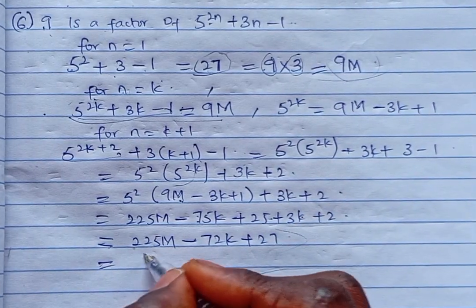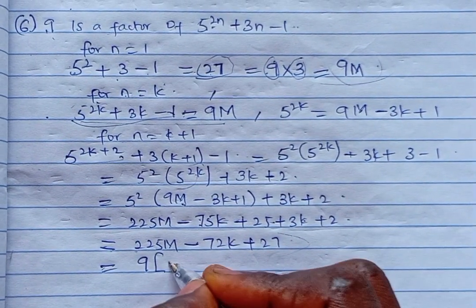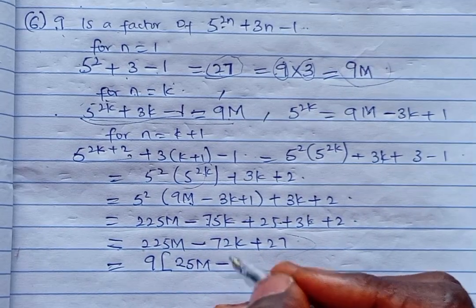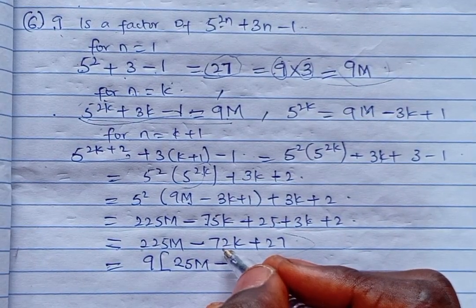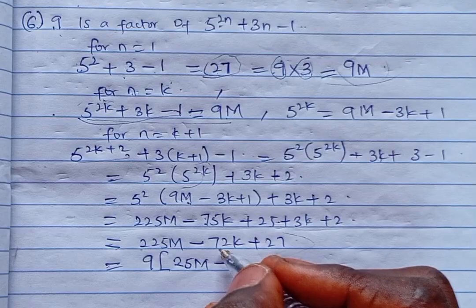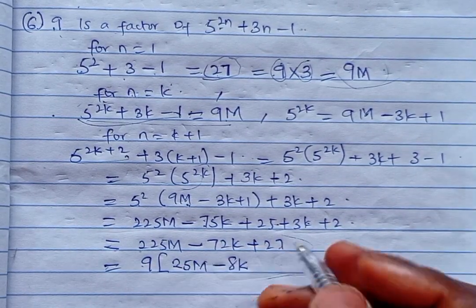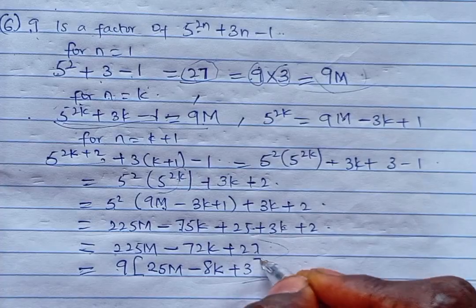Now factorizing 9, what will remain from here is 25m minus, if you factorize 9 from 72, that will give you 8k, plus factorizing 9 from 27 plus 3.